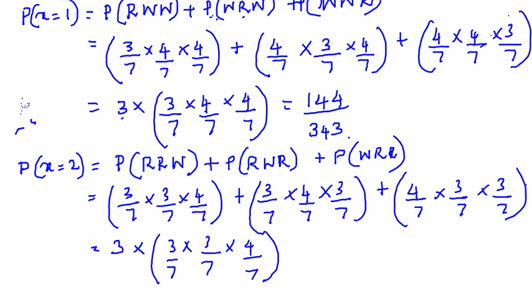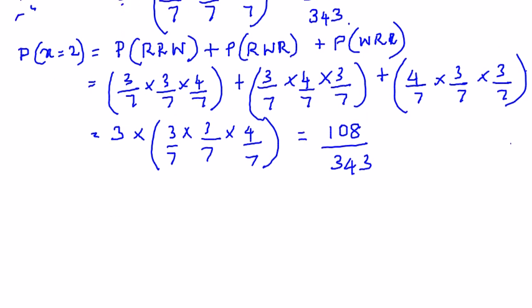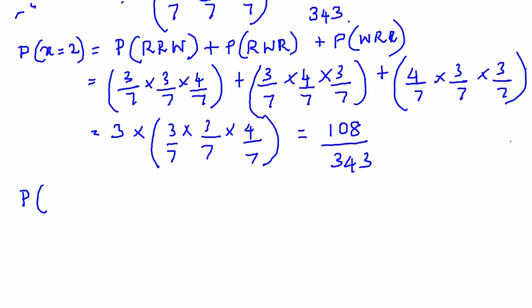So 27 into 4, right? That is basically 36 into 3, which is going to be 108 by 343. Denominator remains the same.